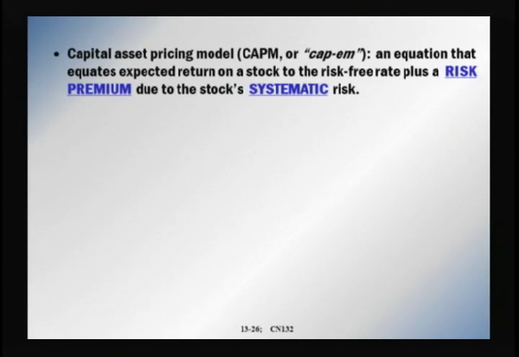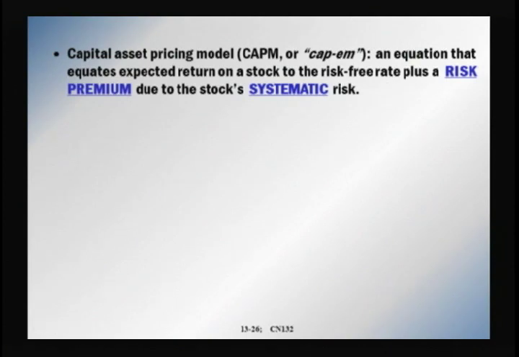Now, the capital asset pricing model allows us to calculate an expected return on a stock based upon its amount of systematic risk. The CAPM equation is going to produce a risk premium for a stock that is a function of its systematic risk, and that risk premium gets added onto the risk-free rate.